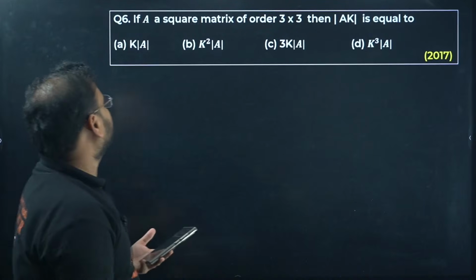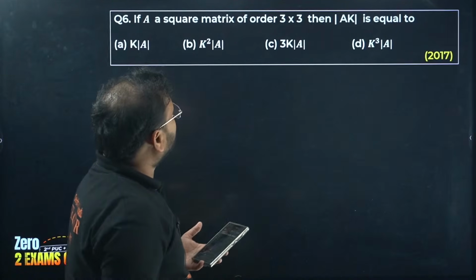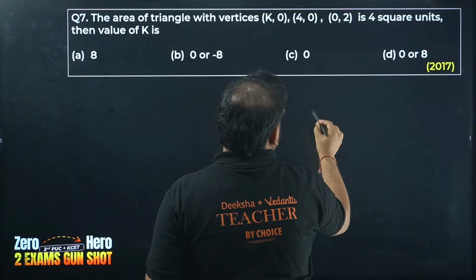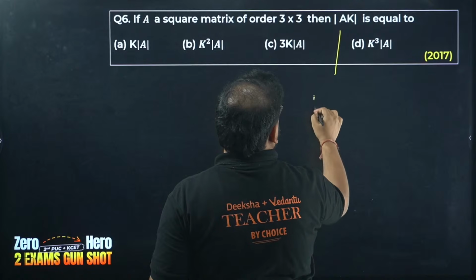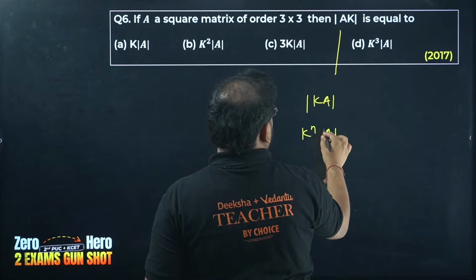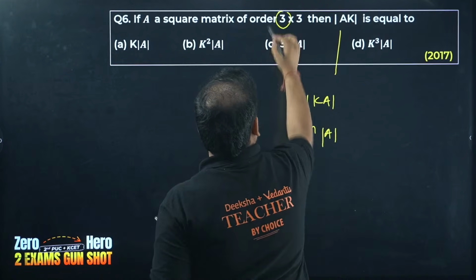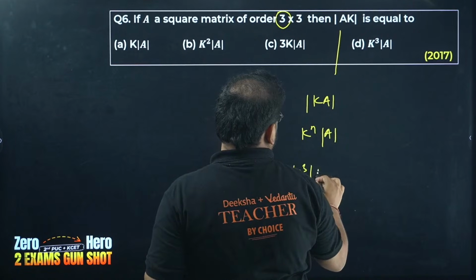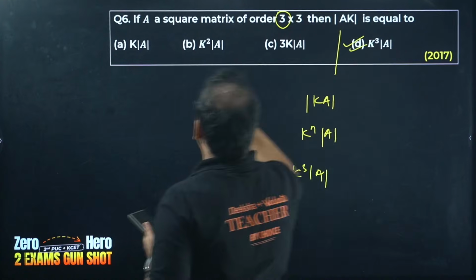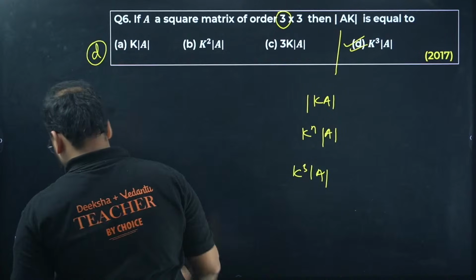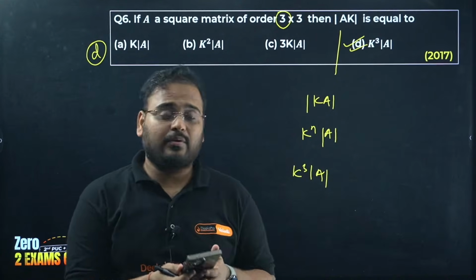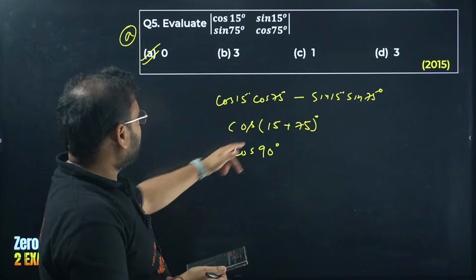If a square matrix is of the order 3 cross 3, the property is there, of course, that the determinant of K times A is given by K power n determinant of A. In this case, n is 3, so K cube determinant of A. Answer is D. Sixth one also is answer D. A plus B formula, correct.